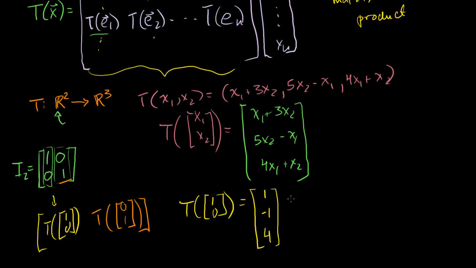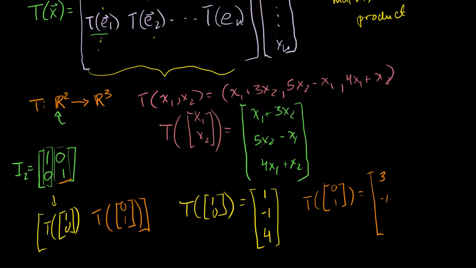And then what is T of 0, 1? We have 0 plus 3 times 1, which is 3. Then we have 0 minus 1 is minus 1. Let me make sure I did this one right.